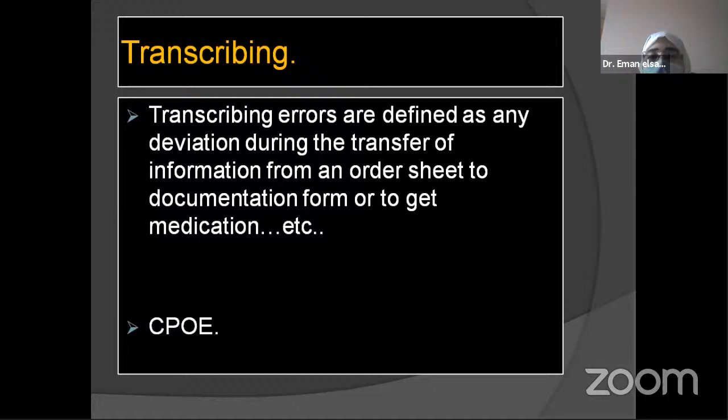But this leads to a lot of errors resulting from wrong transcribing, maybe wrong transcribing of the medication, wrong transcribing of the patient. So this way leads to a lot of errors. So it is better to eliminate the stage of transcribing. And the best way is CPOE, with the doctor being responsible for entering the medication.